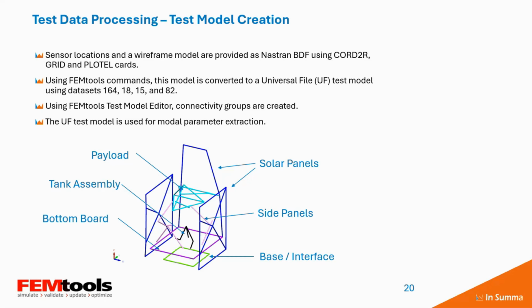The UF test model is then used for the modal parameter extraction. Here we have a wireframe, or skeleton version, of the satellite, where we have our solar panels, the side panels, the tank assembly, the payloads, etc.